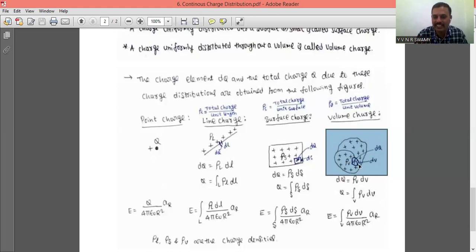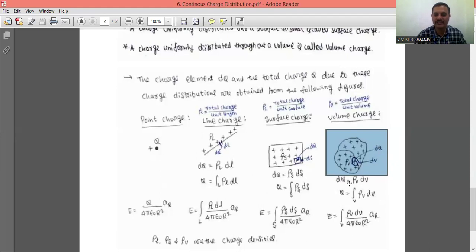Then we are taking a small differential volume. Volume charge density is the total charge per unit volume. So we are taking a small differential volume dV, and this differential volume dV consists of a differential charge dq.